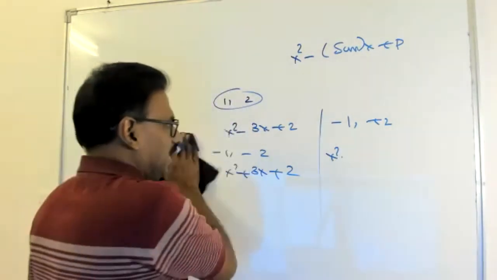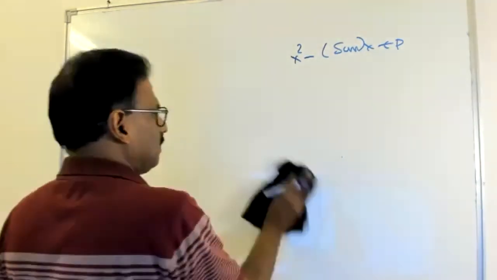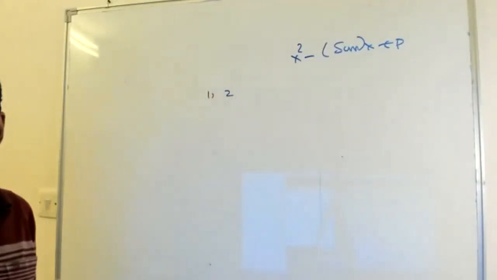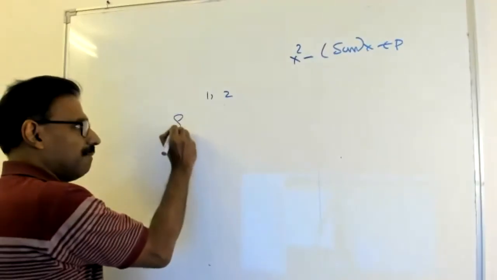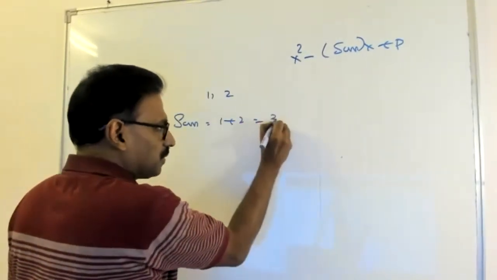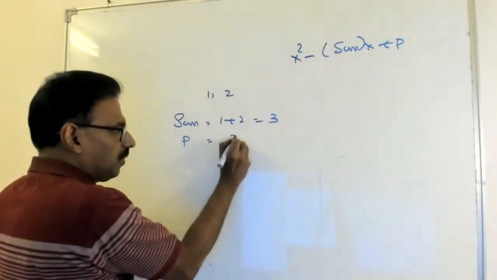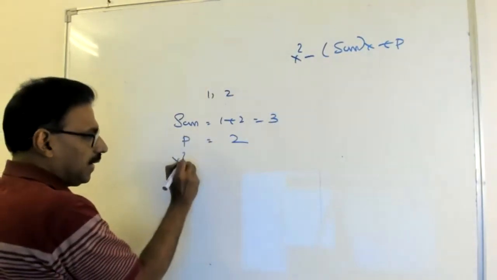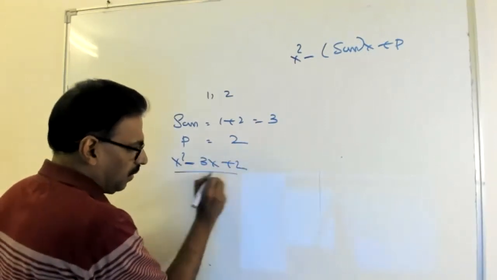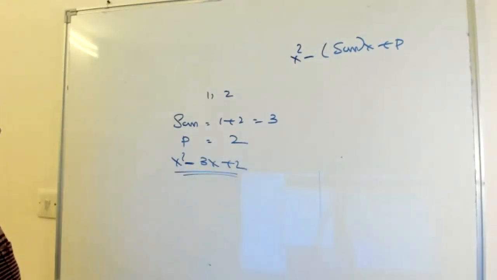Shraddha, listen, I'll tell you again. Everyone listen here. Zeros are 1 and 2. Sum equals 1 plus 2 equals 3. Product equals 2. Polynomial: x square minus 3x plus 2. Clear or not? Yes, sir.